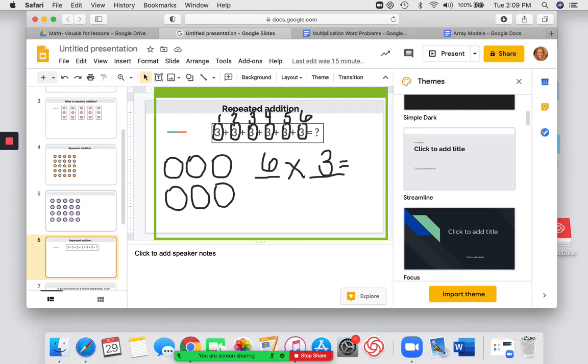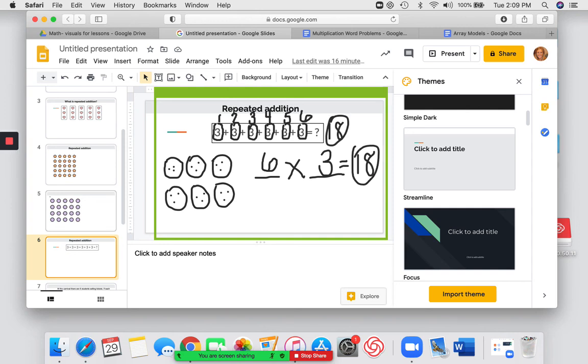And we know 6 times 3, we could count them all up. 1, 2, 3, 4, 5, 6, 7, 8, 9, 10, 11, 12, 13, 14, 15, 16, 17, 18. So that must mean then that 3 plus 3 plus 3 plus 3 plus 3 plus 3 equals 18.